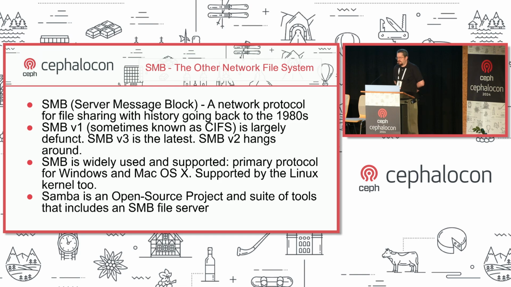SMB 1 is largely gone at this point, unless you're really into retro computing. SMB 3 is the protocol that we're going to be talking about today. And then finally, Samba is the upstream project that implements SMB and a bunch of tools to integrate with the SMB and Windows ecosystem.